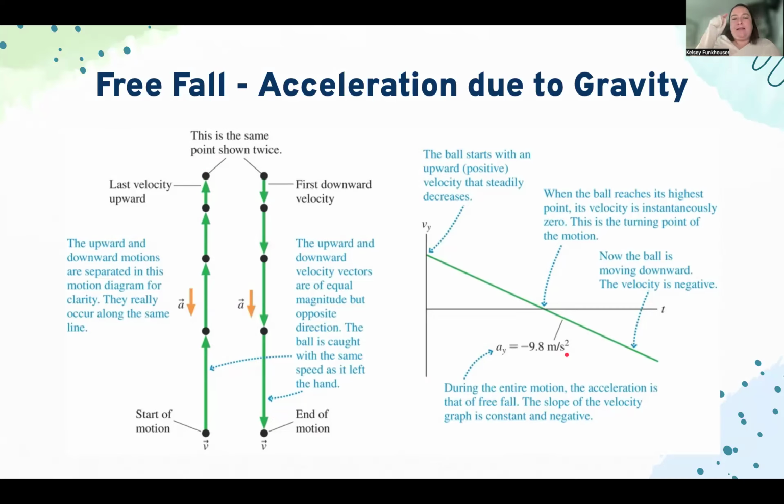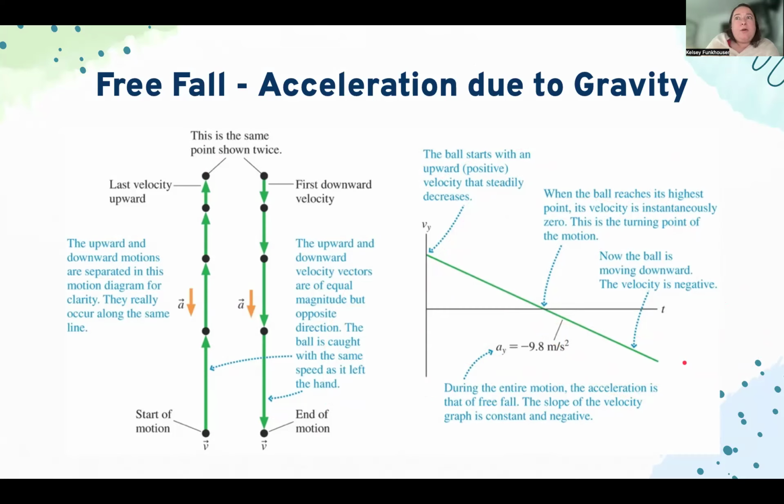And we represent that by a little g, which you will see on the next slide. We also have it as negative for a couple of reasons. First off, because it's always pointing down, and for us, down is negative. In the slope of the velocity graph, it is a negative slope, so it also follows along that. So those are the reasons.